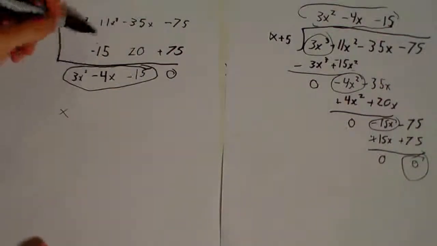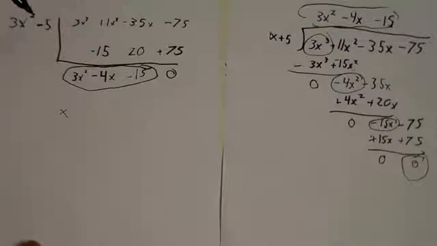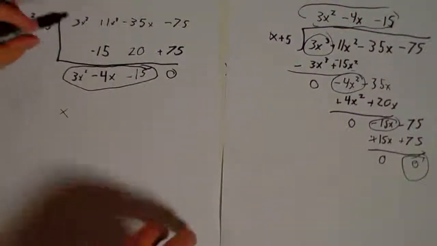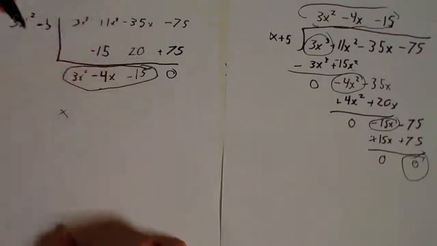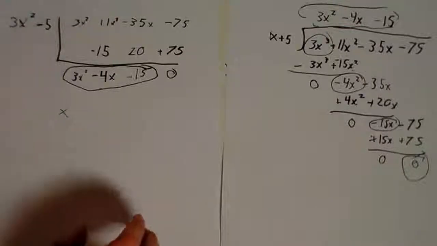That's why the exponent just goes down by 1 each time. If we have an exponent of 2 or 3 or higher, we're not going to be able to count on that, and then we won't have our 3x squared, then our 4x, then our 15. We won't have that nice progression there because we'll have something multiplied by x squared and then something multiplied by a constant. So we'll be skipping the x term.